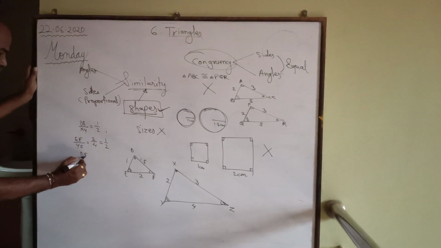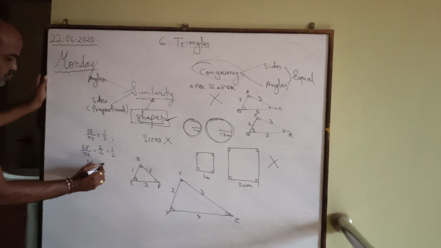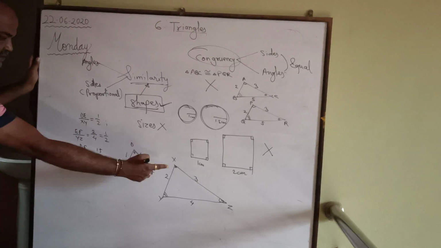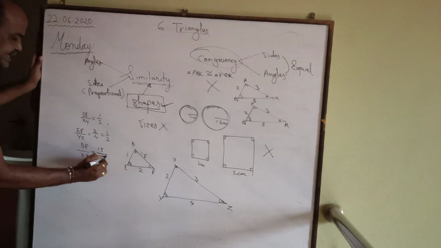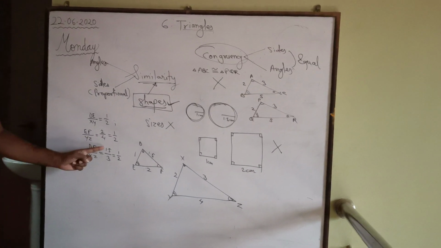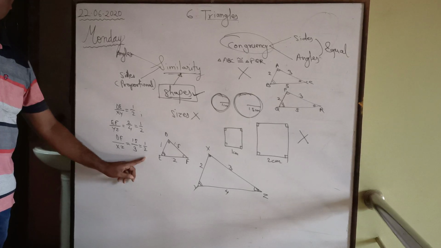And DF upon XZ, that is 1.5 upon 3, so once again it will be 1 by 2. 1.5 ones are 1.5, 1.5 twos are 3, right?